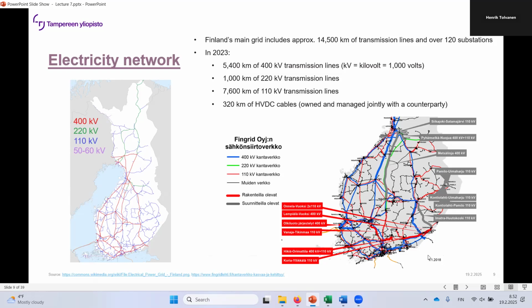This was from 2018, but you can see a lot of similar maps. This Metsälinja, I'm guessing here, is one of the main improvements. So you have more transfer capacity between the northern and the southern part. That's a new 400 kilovolt line.